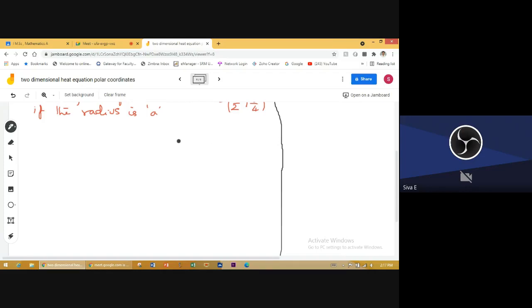So what is given here? Circular quadrant plate, with the curved boundary at 90 degrees C. And here theta equal to 0, theta equal to pi by 2.